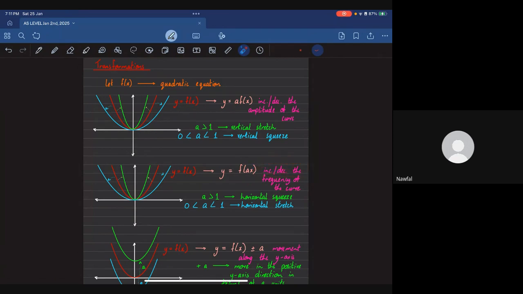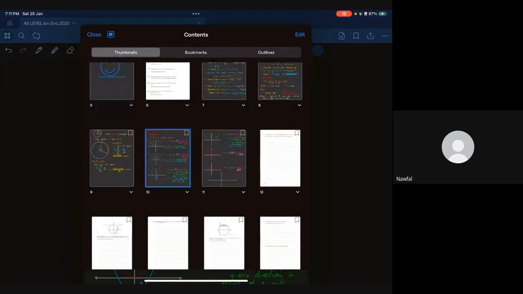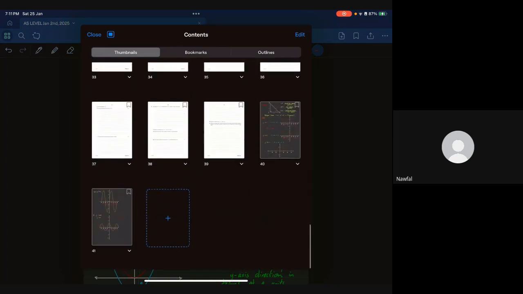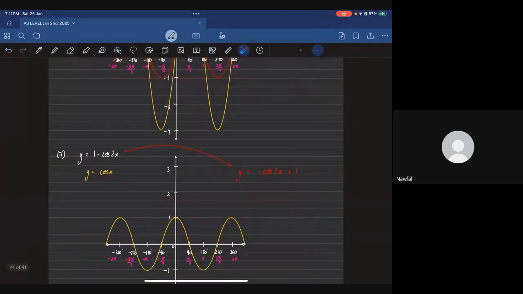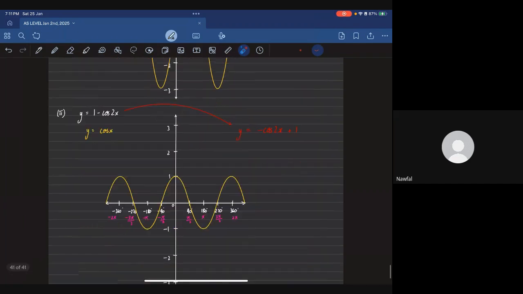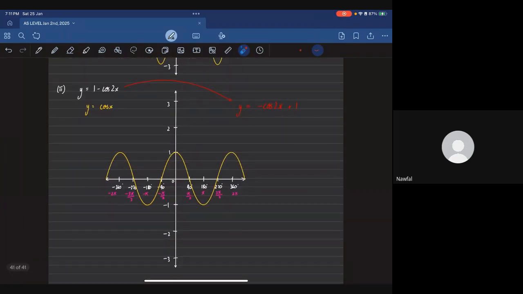How is the frequency going to be affected? Before, you had one singular wave till 360. Now you're going to have two waves.